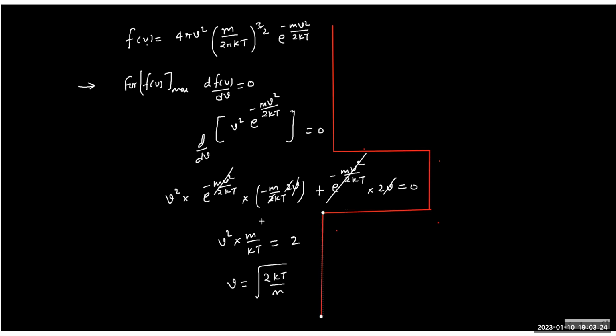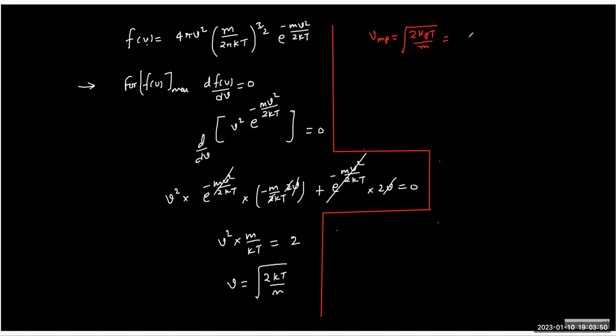So most probable velocity formula is actually the maximum probability. It is not the maximum velocity. And the name itself is the explanation: most probable, which velocity will have the maximum fraction of the system will have this velocity, which is 2 kBT by small m.